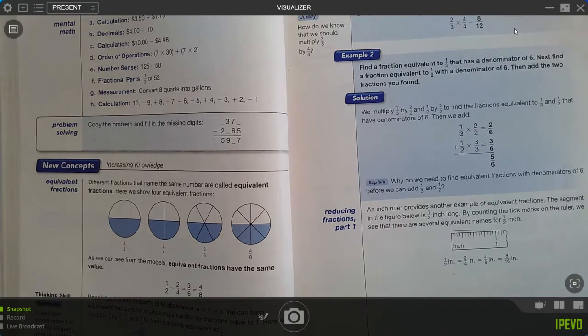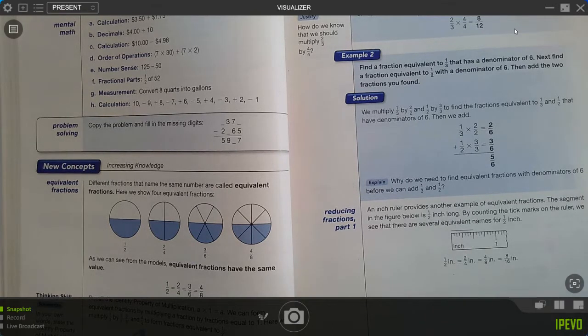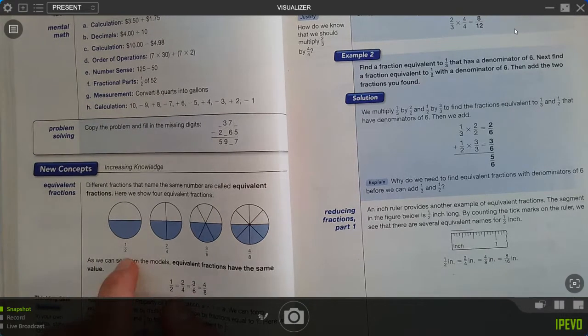When this becomes important is when you're trying to divide it into smaller bits, or if you're trying to add them into each other. Okay, you cannot just add fractions across until they have the same denominator. When the denominator is the same, then you can add or subtract fractions to each other.